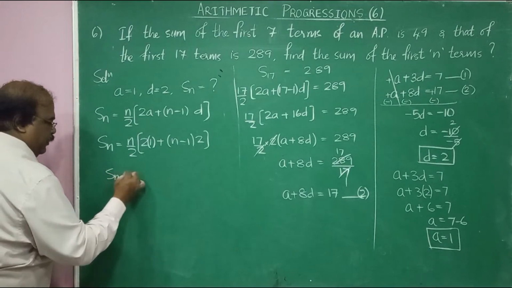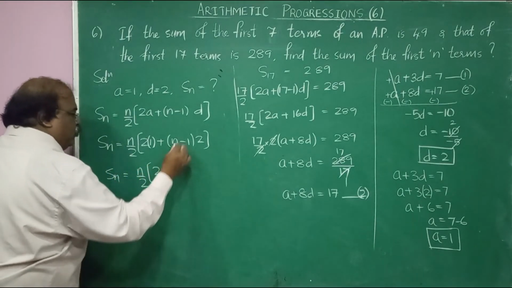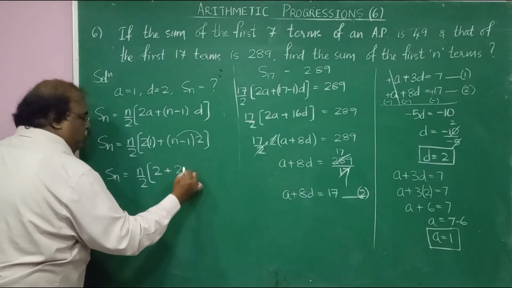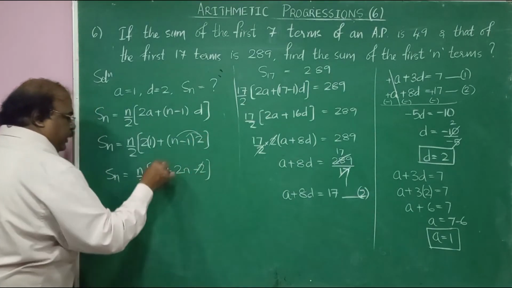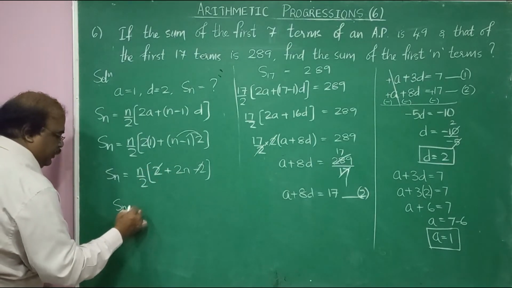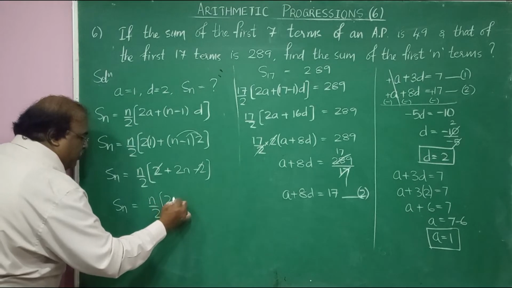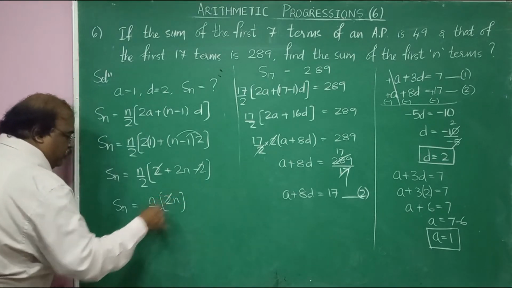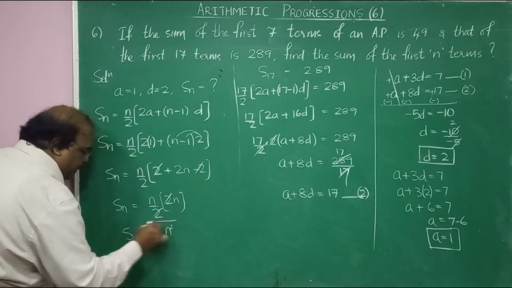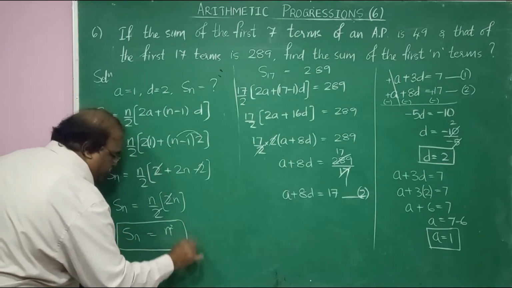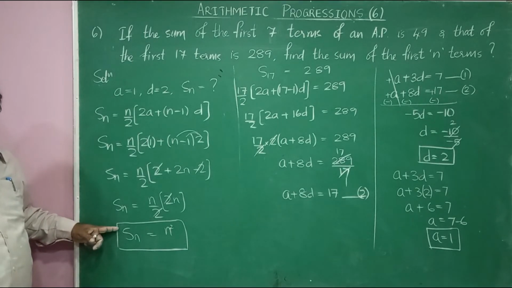So Sn is equal to n upon 2, remove the bracket, 2n minus 1 into 2 minus 2. Minus 2 and plus 2 cancel. So you get Sn is equal to n upon 2 into bracket 2n. So Sn is equal to n square. What is Sn equal to? N square.